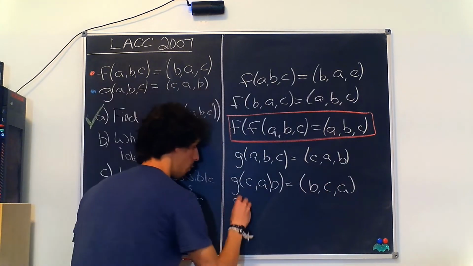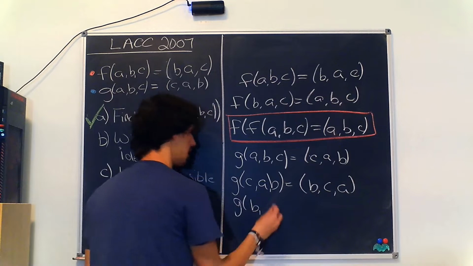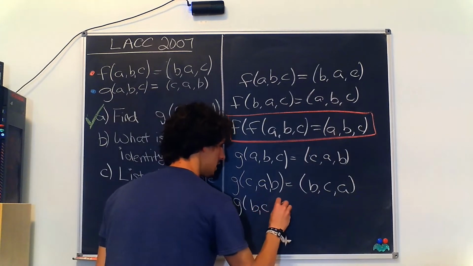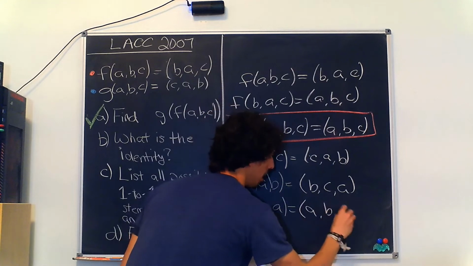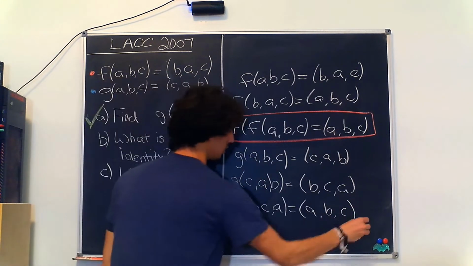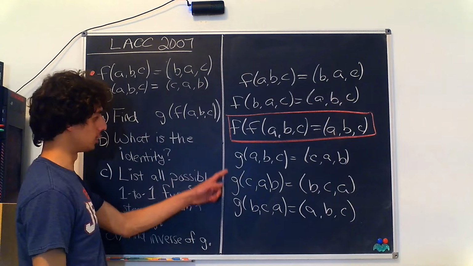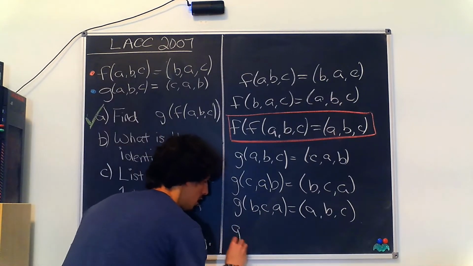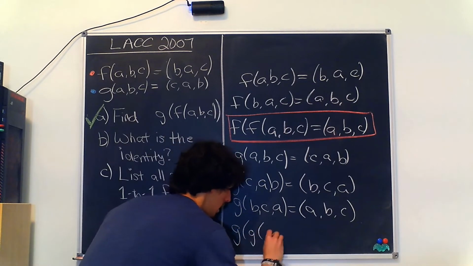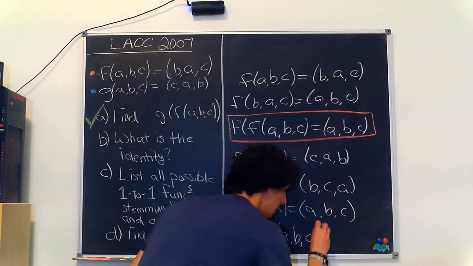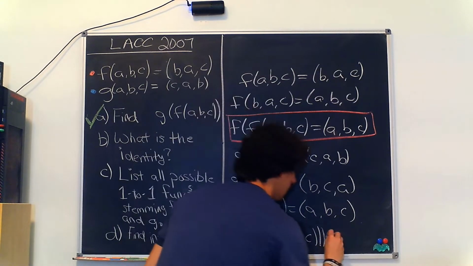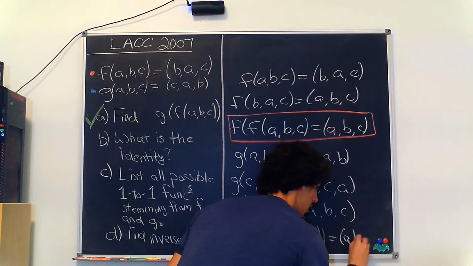But then if we take that one more time, we get g of b, c, a, and that gives us a, comma b, comma c. And so what we've done here is we've taken this g function 3 times. So g of g of g of a, comma b, comma c gives us back a, comma b, comma c.